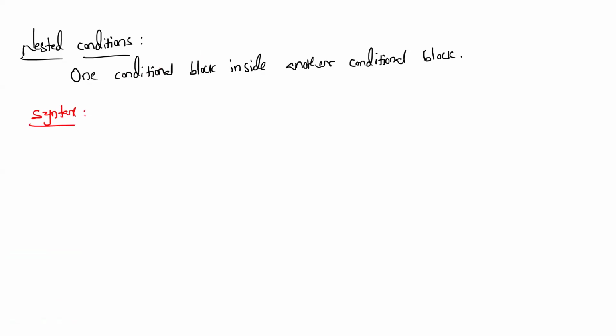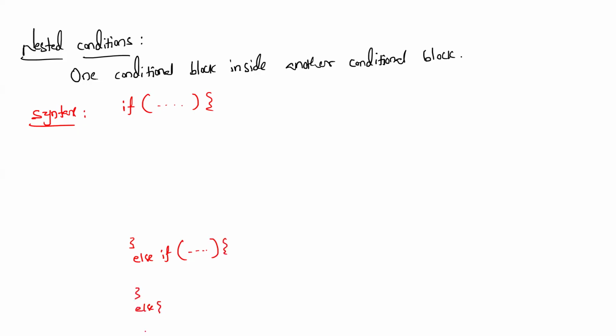When it comes to syntax, the general syntax of if and else is: if one condition, then followed by its block of code. I'm taking some space. Then followed by else if, again some condition, then its block of code, then followed by else.